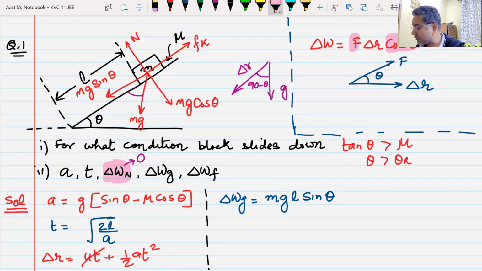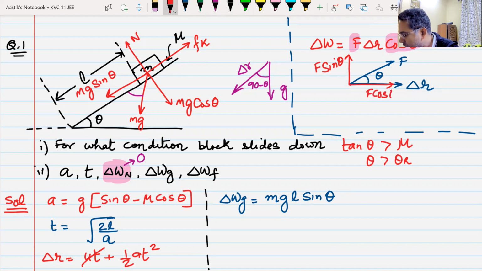This force can be resolved into two components: F sin theta, and F cos theta. So I can write this work done as F parallel multiplied by delta R.